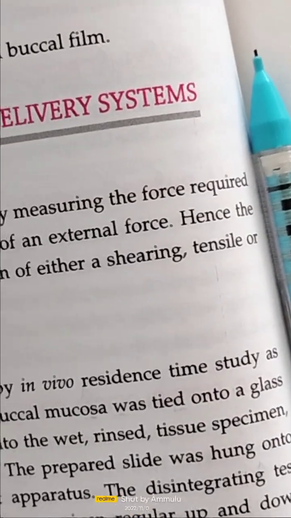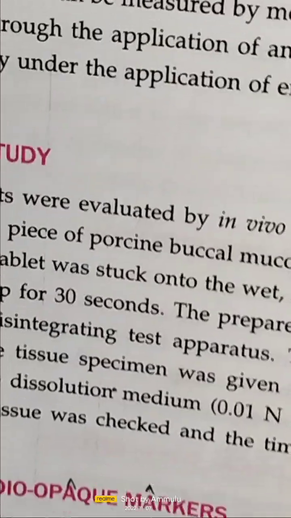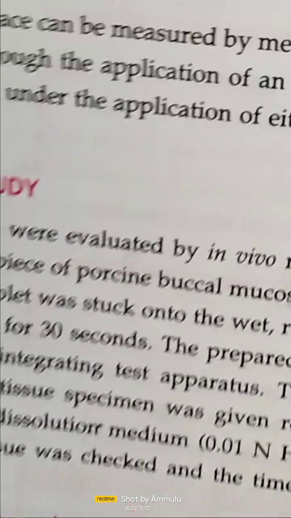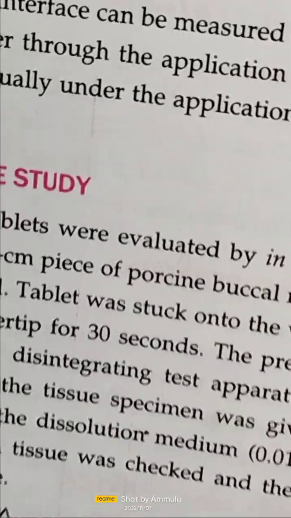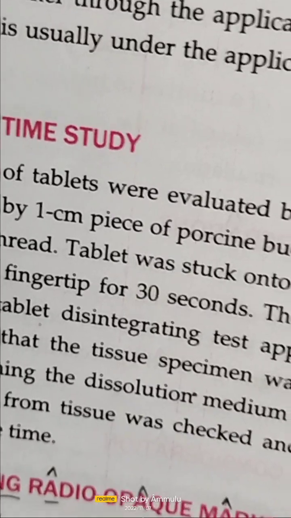While in the third method, gastric transit study using radio opaque markers evaluation method. In this method, a simple procedure involving the use of radio opaque markers, for example barium sulfate, is taken as the example for the GI transit study.